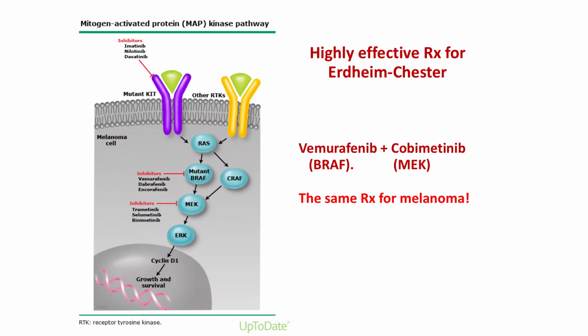Now, these patients can be treated with a B-Raf inhibitor because this B-Raf gene is mutated. And in the spirit of talking about kinases, here's a kinase, B-Raf kinase, that is overactive. If you make a drug that binds to the B-Raf kinase pocket, vemurafenib, you can block it. If you make a kinase inhibitor, cobimetinib, which blocks downstream of B-Raf, you can also treat the Erdheim-Chester.